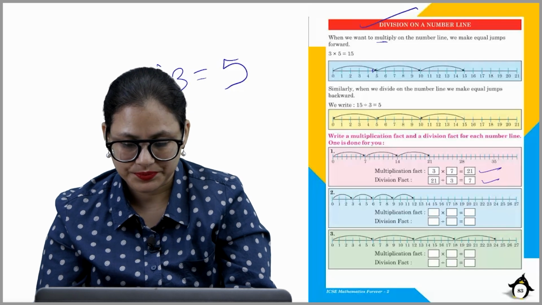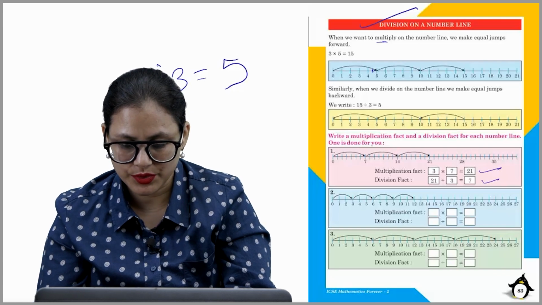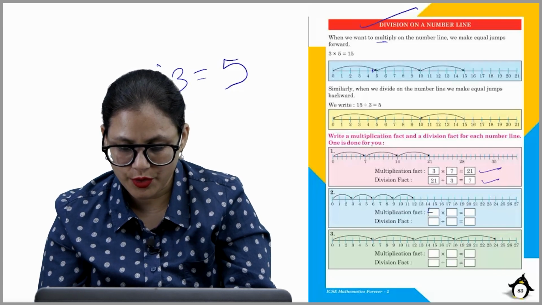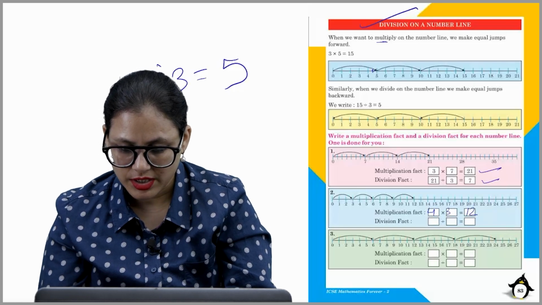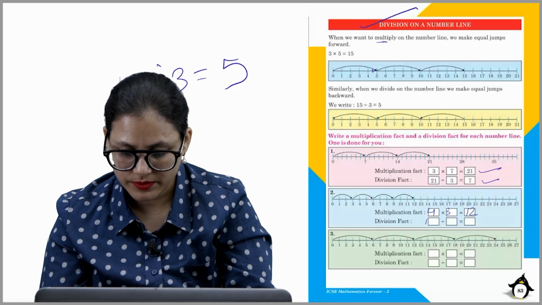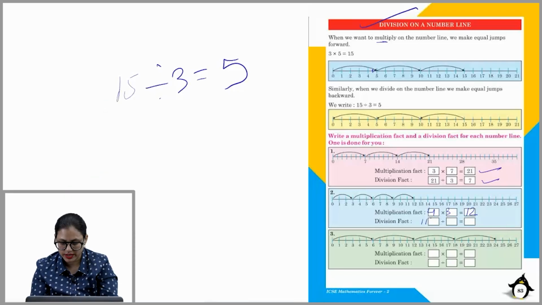Multiplication fact, see, 1, 2, 3, 4. 4 into 3 is 12, or you will write 12. Here you can write division fact 12 divided by 3 is equals to 4.